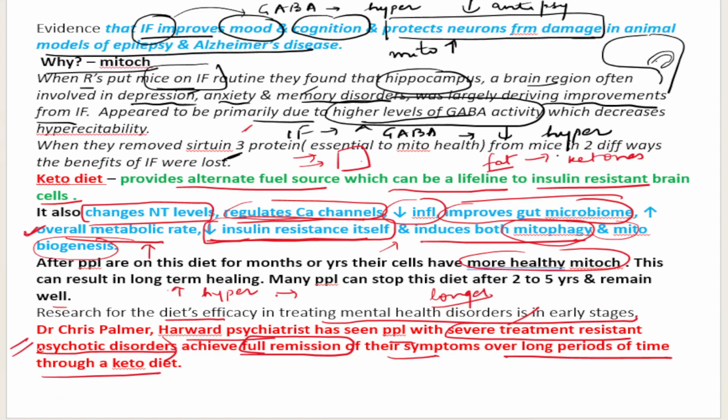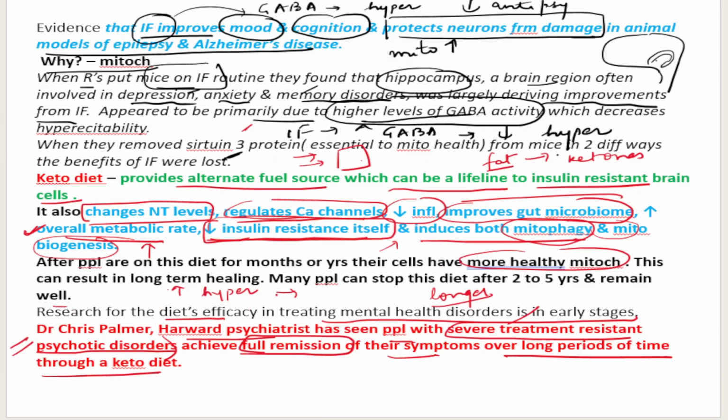So this shows that the ketogenic diet is changing the lives of many people. It is giving them relief from the problems caused by psychiatric disorders. People have even achieved full remission of their symptoms.